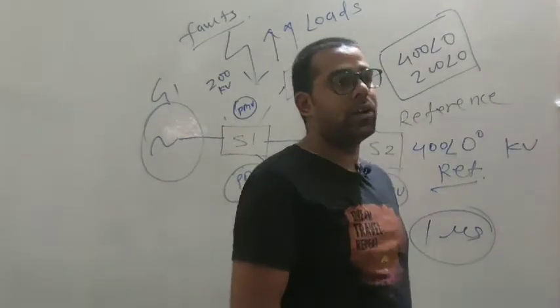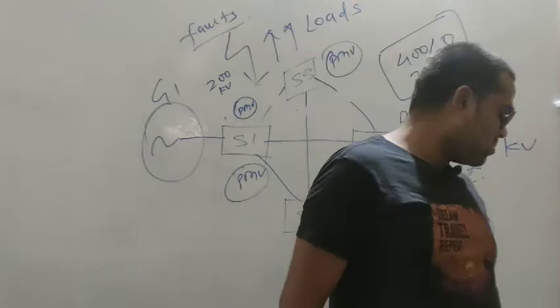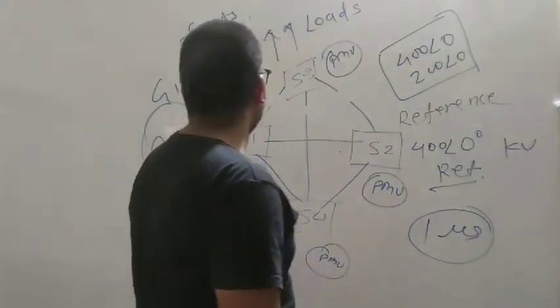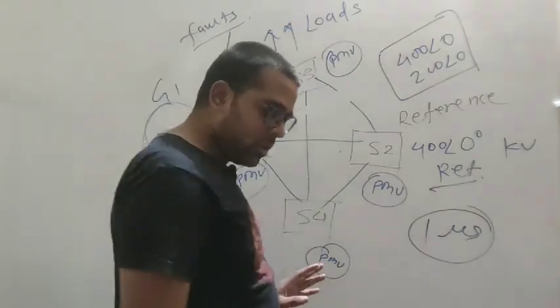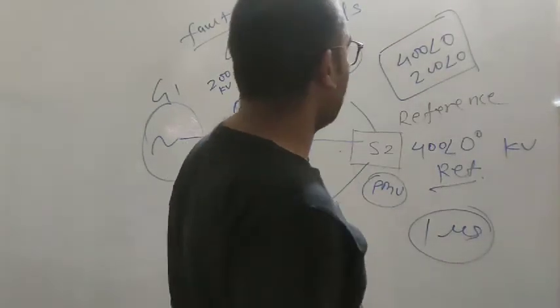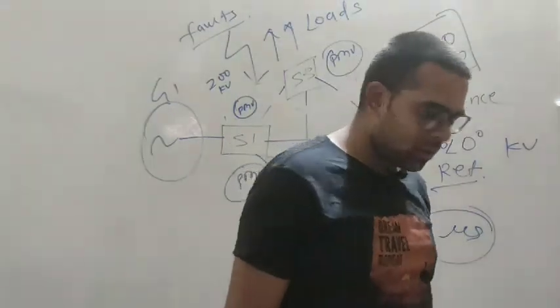That is the advantage of 1 microsecond accuracy here. So this is one case, where the voltage was going down. In another case, what could happen?